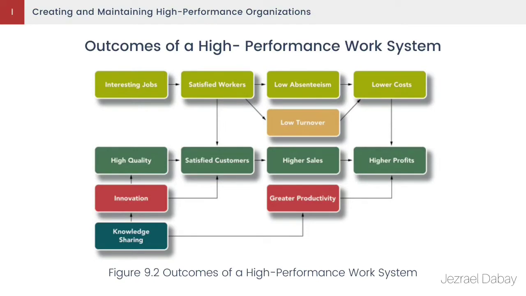The outcomes of a high-performance work system are shown in the illustration, where each component affects or results in the following one. As there are interesting jobs, the workers are motivated, making them satisfied, resulting in satisfied customers, low absenteeism, and low turnover. With this, lower costs in terms of expenses are incurred by the business, keeping the profit higher.